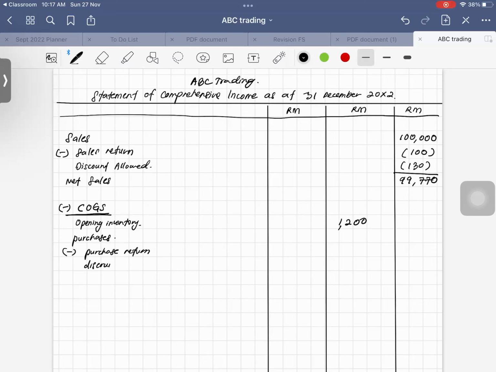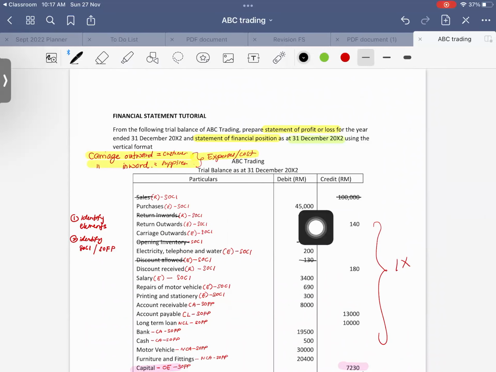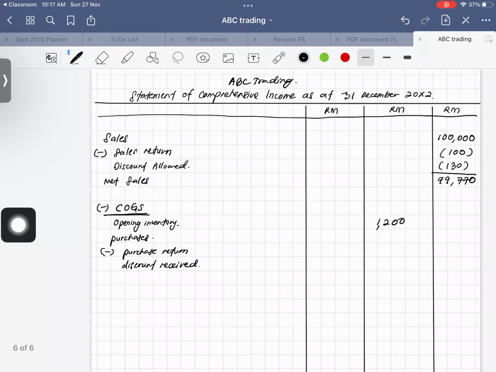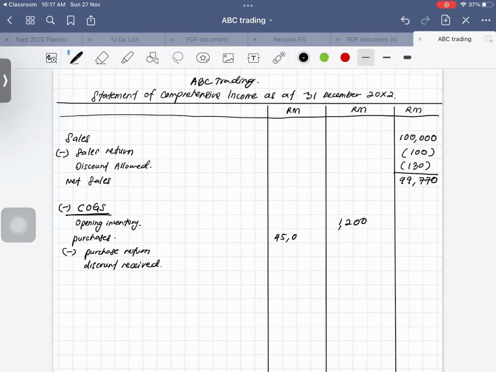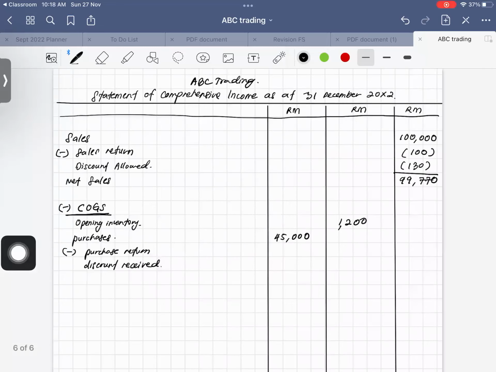Discount received. Okay. Purchases berapa? 45,000. Okay. Potong. 45,000. And minus with the purchase return, which is your return outward, sama je. 140. Okay. Return outward 140. Letak dekat sini.